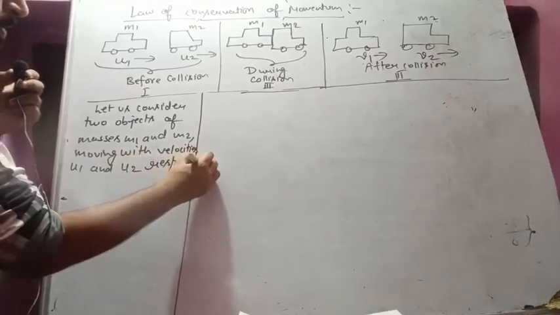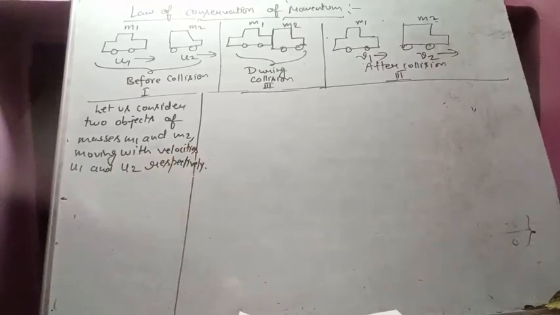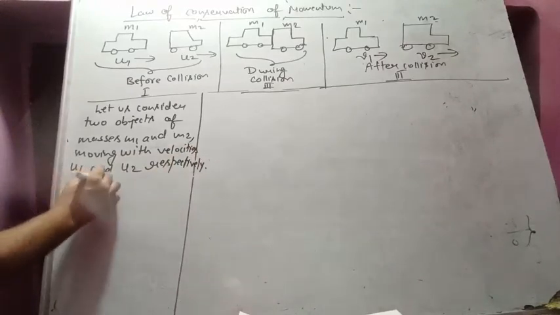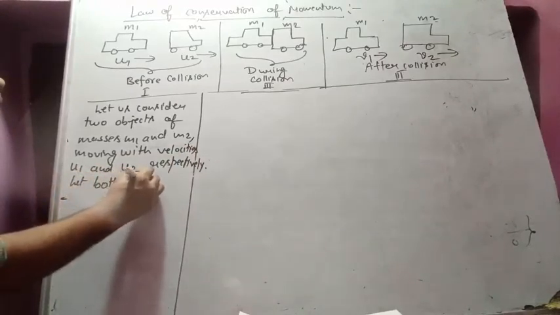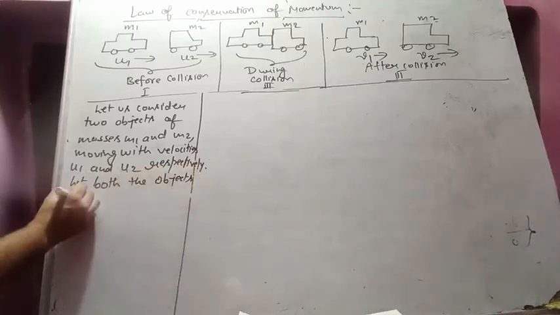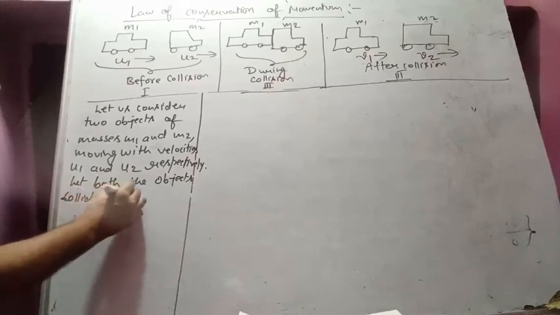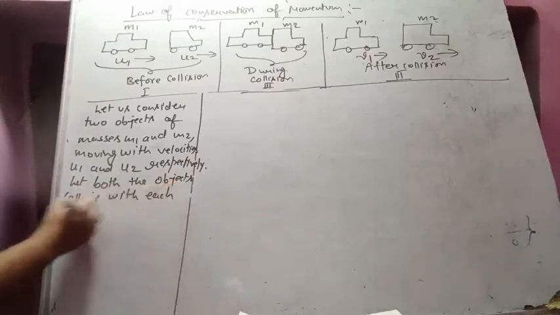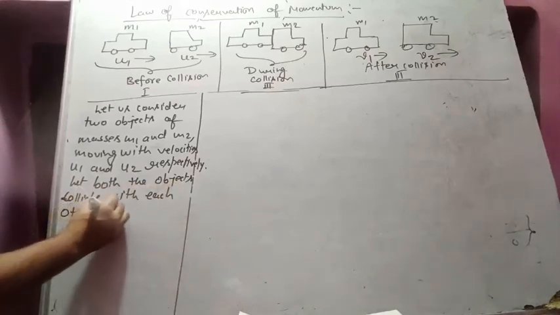Initially these were moving with u1 and u2 velocity. Let both the objects collide with each other for time t.